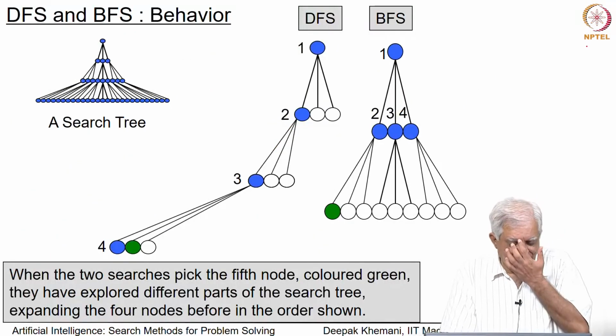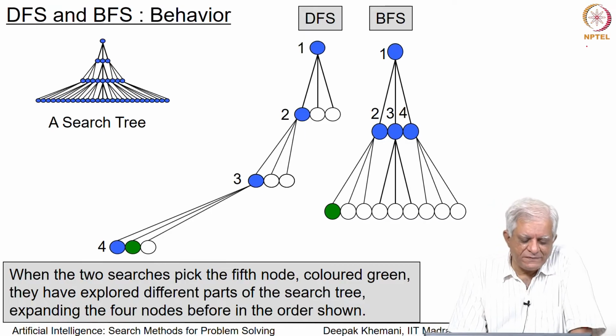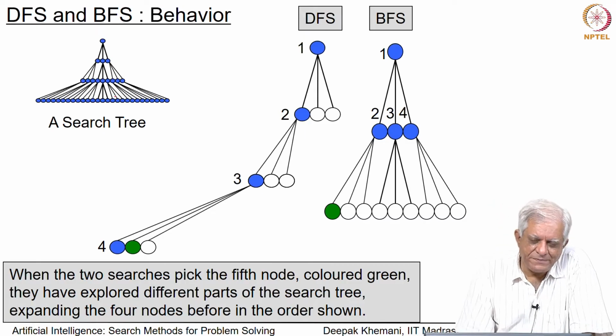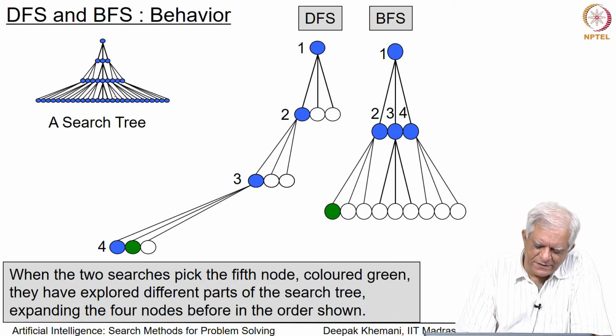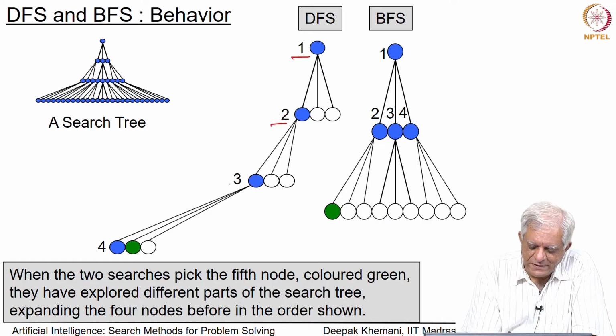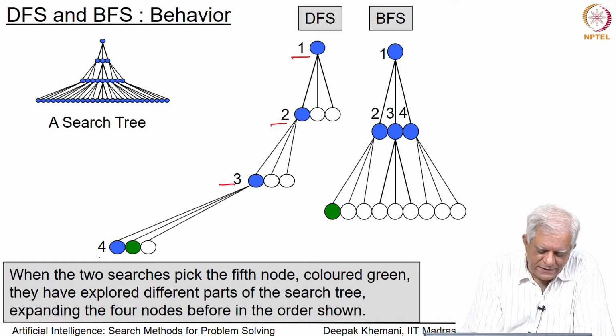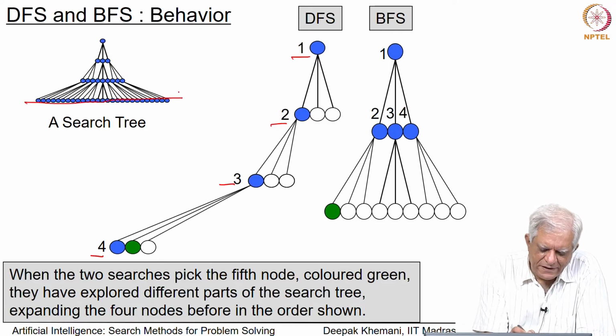So, in general, if you look at the behavior of depth first search and breadth first search, if you have a small search tree of depth 3 and branching factor 3 as well, then by the time you are looking at the 5th node, the order is given here. Depth first search looks at the root first, then the left child, then the left child of the left child, then the left child of that, and then it reaches a dead end which is at level 3.